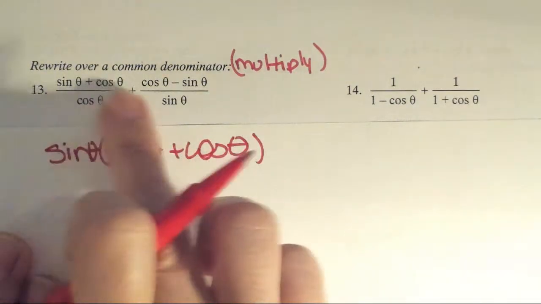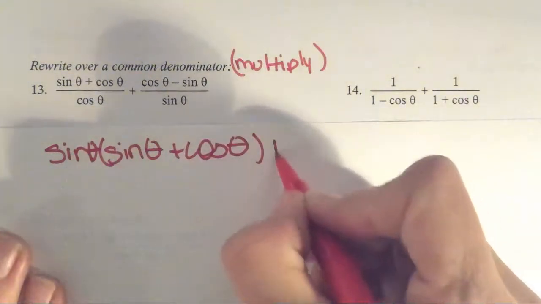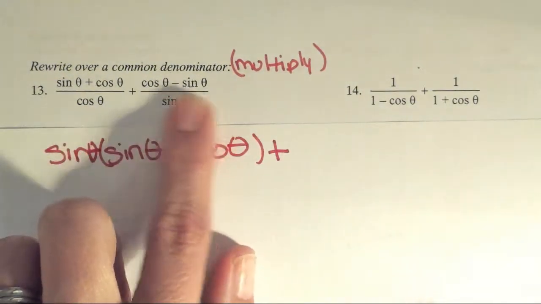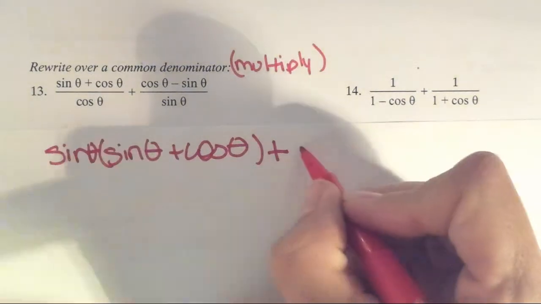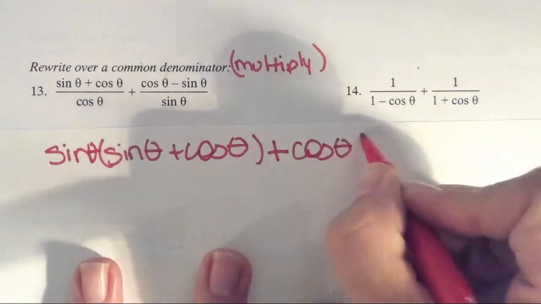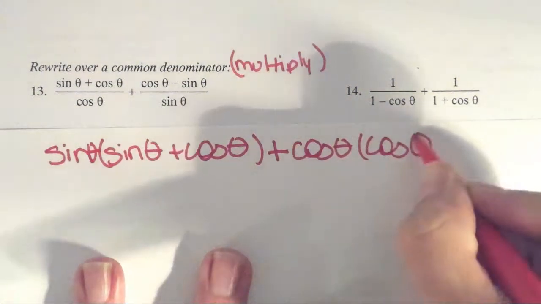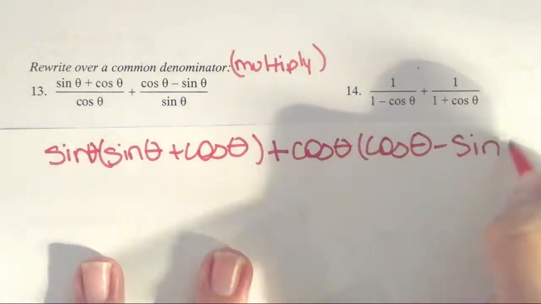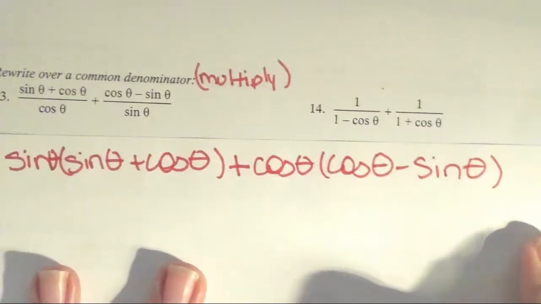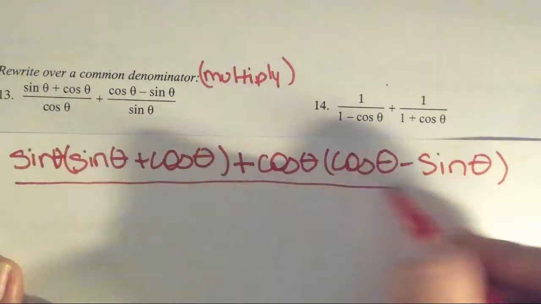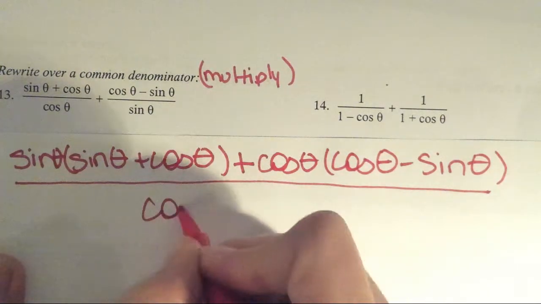Okay, so I multiplied that top by sine. I put a plus sign. The second fraction is going to get multiplied by cosine. And it's all over. If I multiply those together, I get cosine sine.